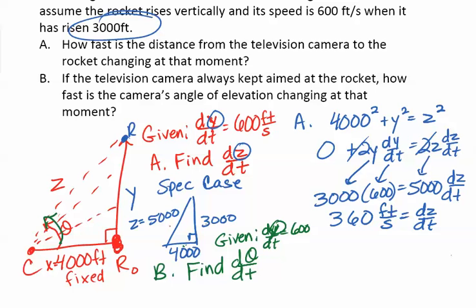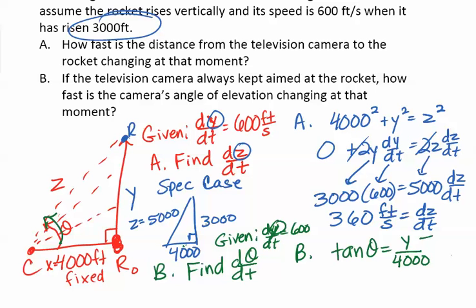We also know the hypotenuse, so we could use a different formula, but I think the easiest formula for part B might be that the tangent of theta is the opposite leg, which keeps changing, that's our y, divided by the adjacent side, 4,000.